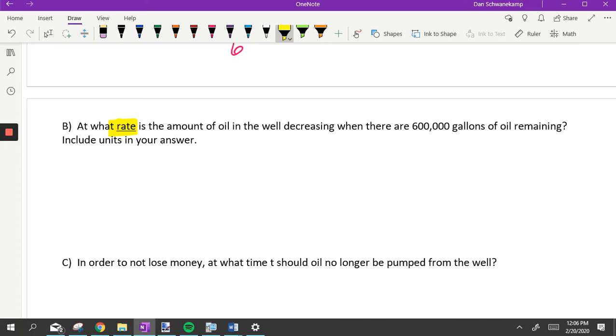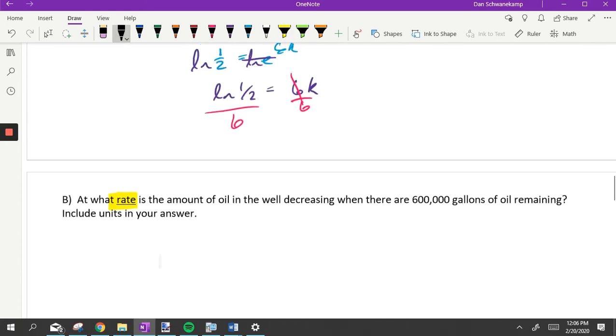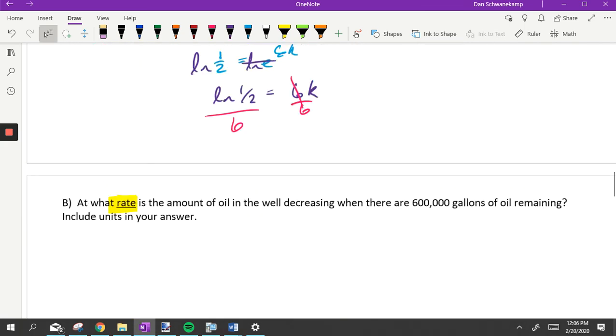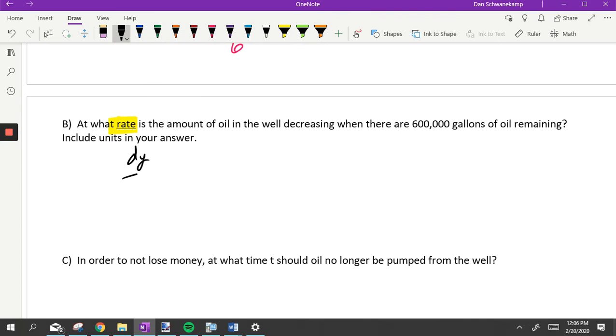The derivative. We're going to use that equation that we had, which they said was this thing right here, dy over dt equals ky. Figure out at what rate this is happening. It should be pretty easy. If you think, man, that was really easy, you're doing it right.